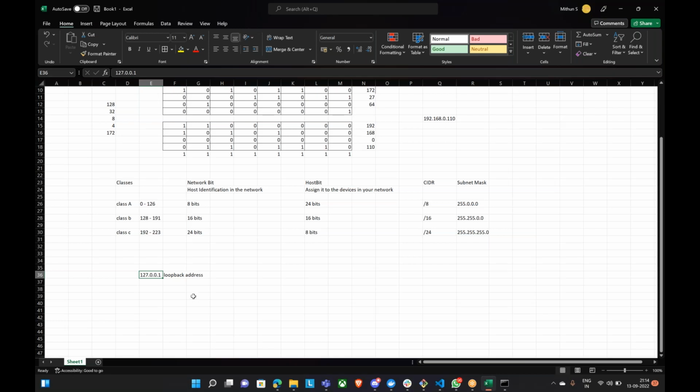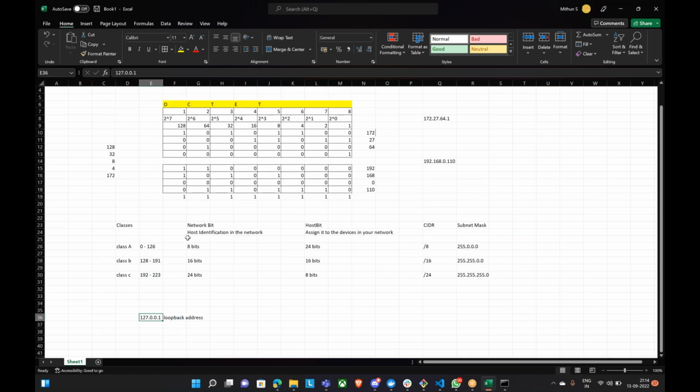Now, still we are not able to get the picture. With this we have arrived at the classes, then network bits, host bits. Then how many IP addresses can we have? For example, if I use class A, how many IP addresses will I get? That calculation is very simple.